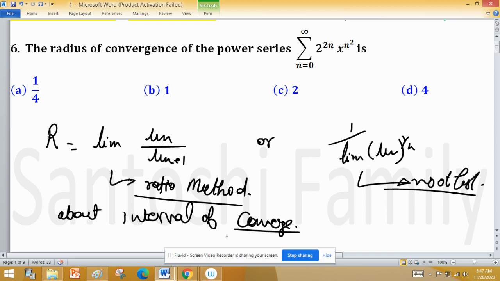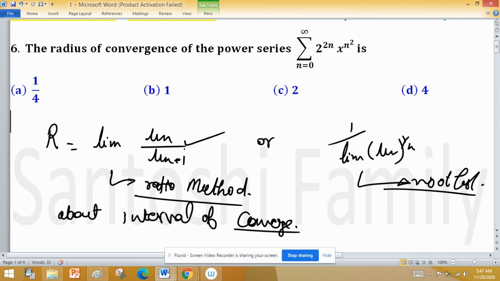So which method is appropriate or good for a particular question? It comes from practice. When n is coming in the power or exponent, apply the root test. Otherwise the ratio test is helpful in most cases.